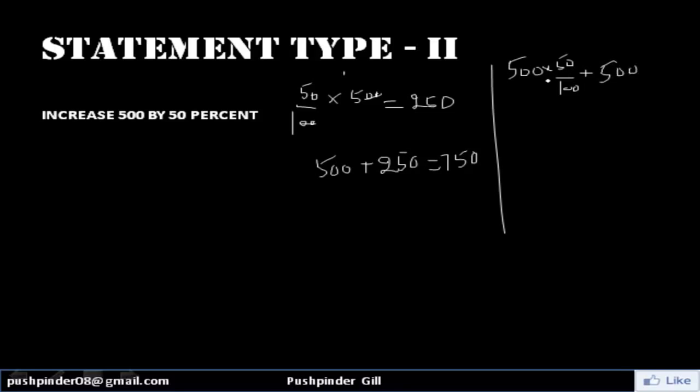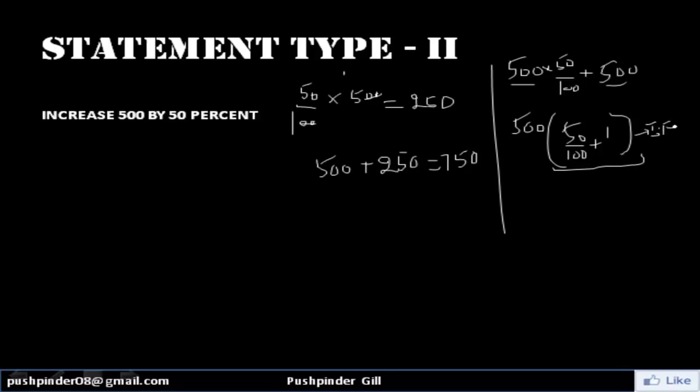So what if I take 500 common out of both terms? I get 500 times 50 by 100 plus 1. This is what I call the magic number, or usually it's known as the integrating factor, right?